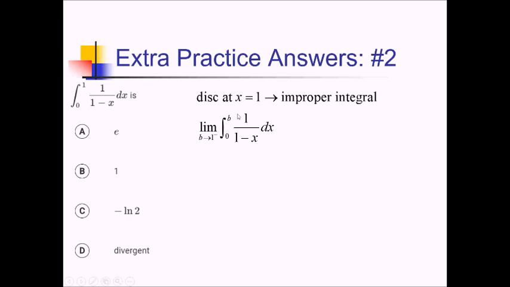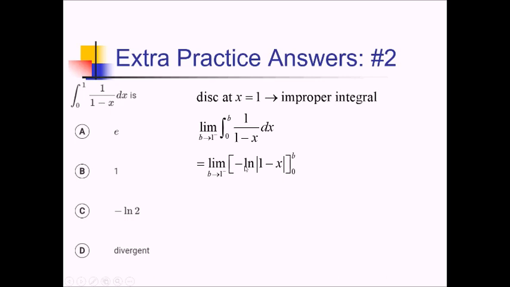So basically I just rewrote it with us approaching the problem spot instead of us actually being at the problem spot. Now the antiderivative of this is going to be ln of the absolute value of 1 minus x, but I'm going to have to divide by negative 1 because of the negative derivative there.